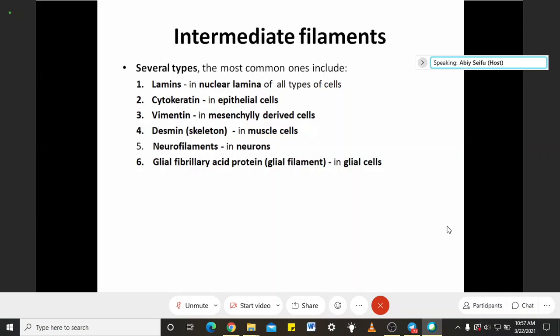There are plenty of tissues we get from this group of cells, and all this type of cells in common have intermediate filaments known as vimentin. Like in muscle, we have desmin. More especially in neurons, we have intermediate filaments known as neurofilaments.